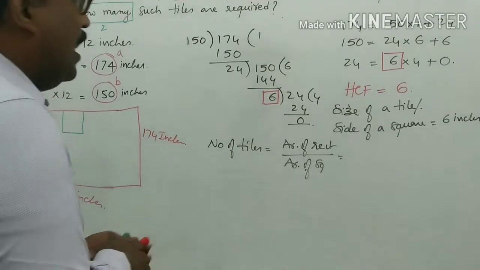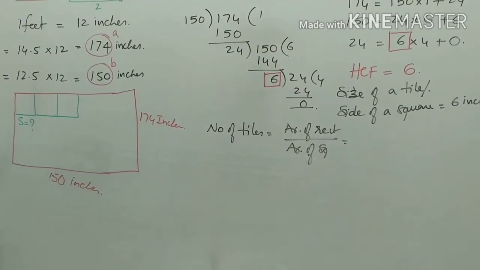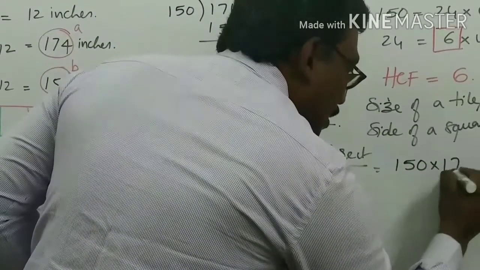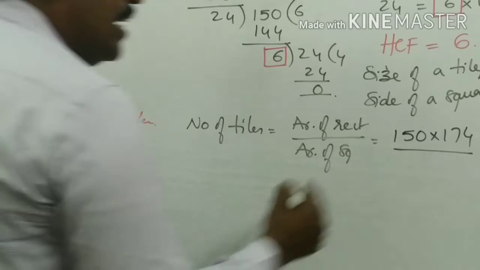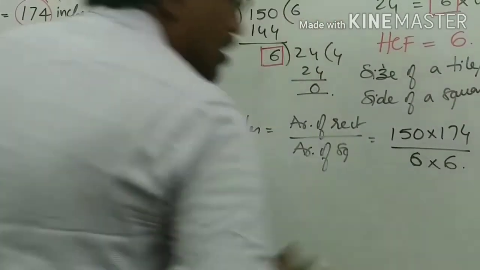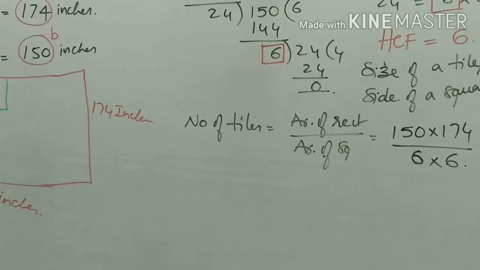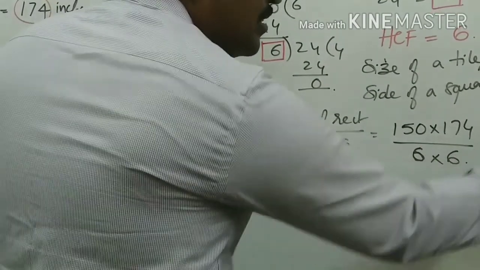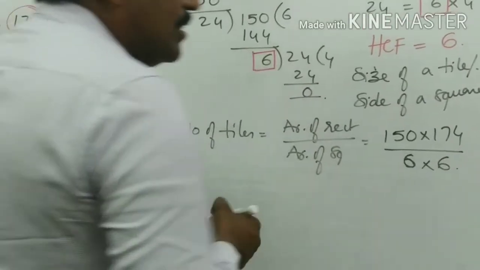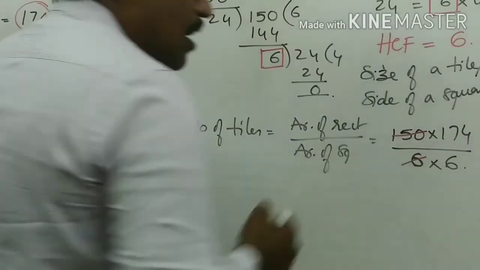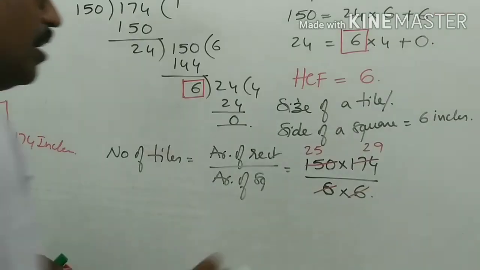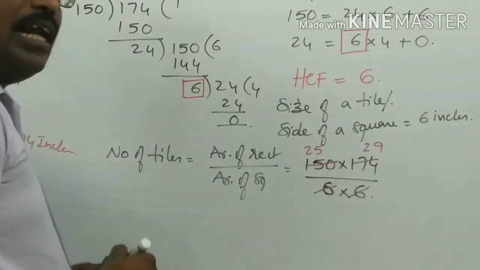Area of the rectangle is length into breadth, 150 into 174, by area of the square, side into side, that is 6 into 6. There are two ways to multiply and divide, or else we have one more easy method. 6 in 150 cancels how many times? 25 times. 6 in 174, 29 times.